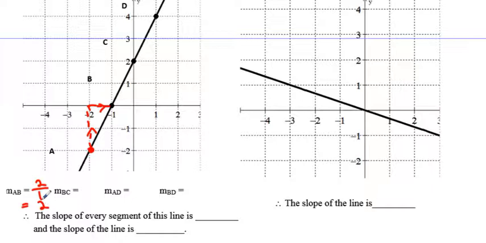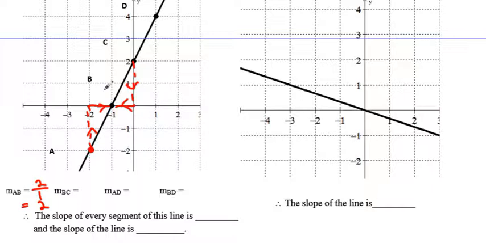So let's see what BC does. If I'm going from B to C, I could start with this one this time and go down to the level of my point, and then this way. So I went down, there's my arrow. It's hard to write with this pen, so it's a little bit messy. And there I'm going left, as you can see.